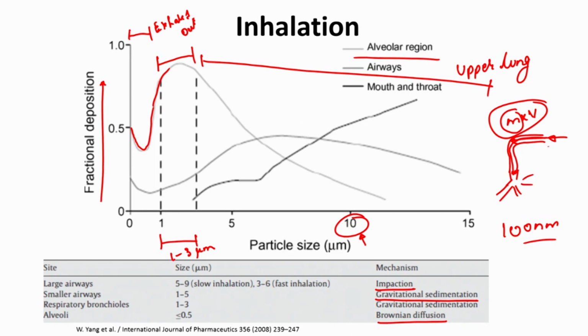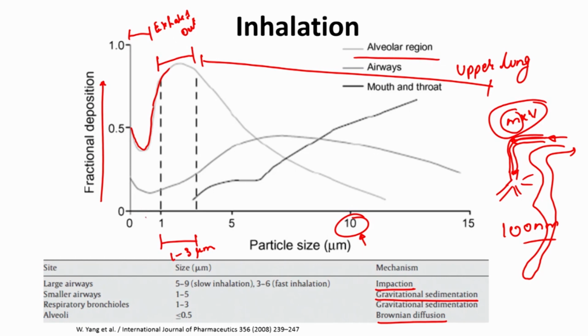These particles will tend to go with the streamline all the way down to alveolar sacs, and then with the airflow itself they will come out. The airflow obviously decreases as it goes down and then increases as it comes back up as we inhale and exhale.